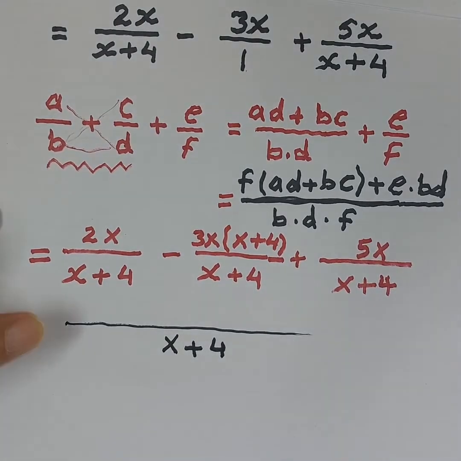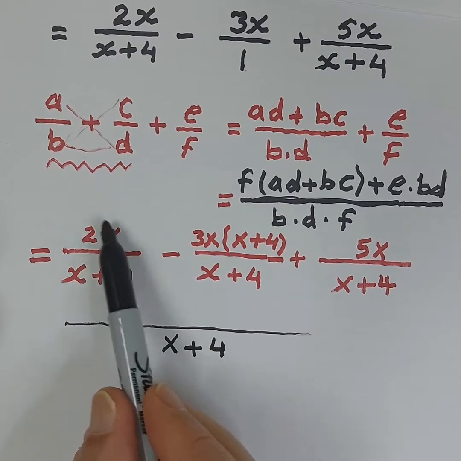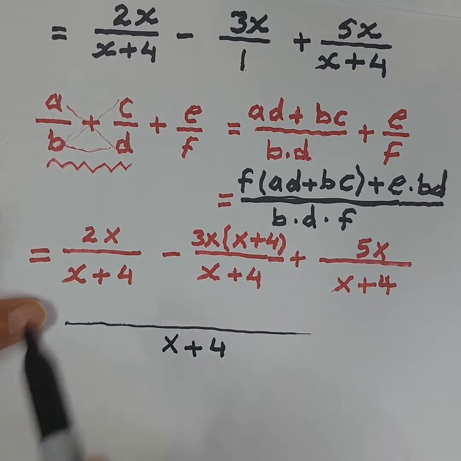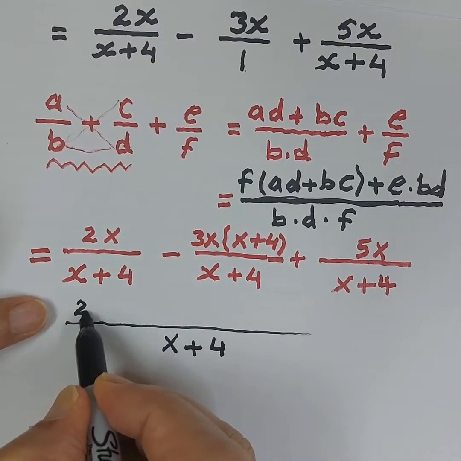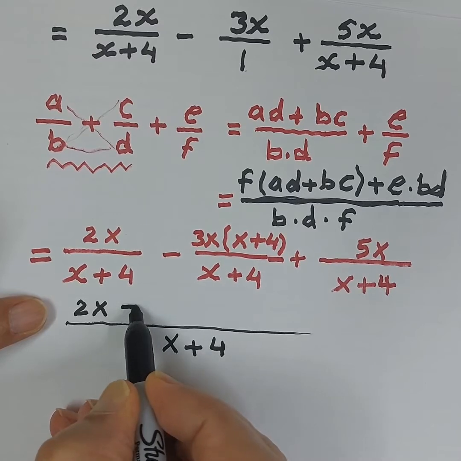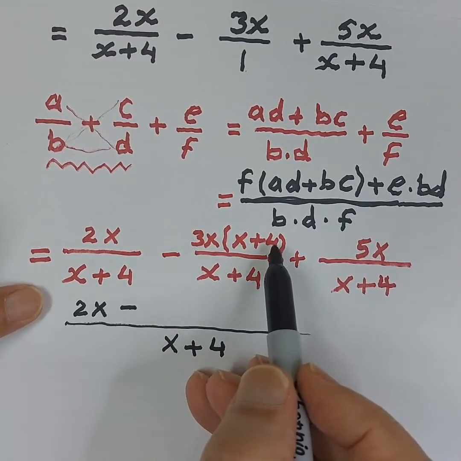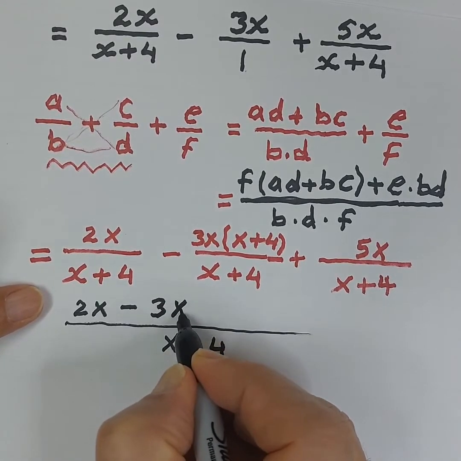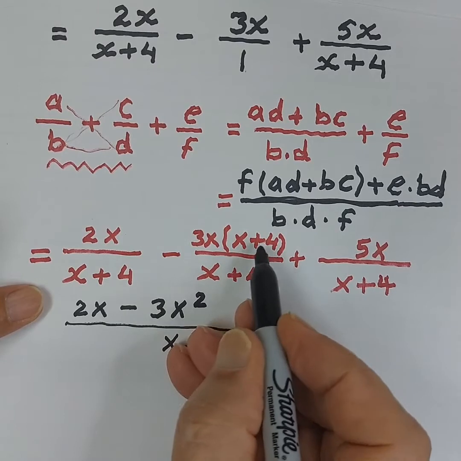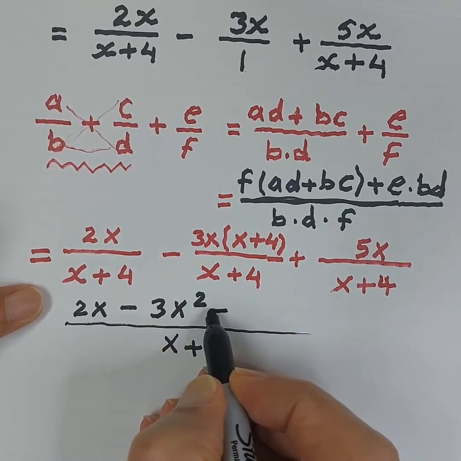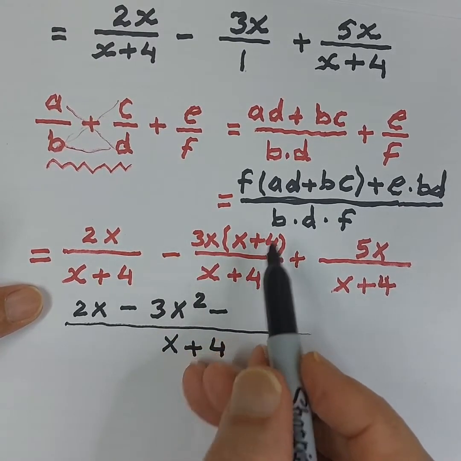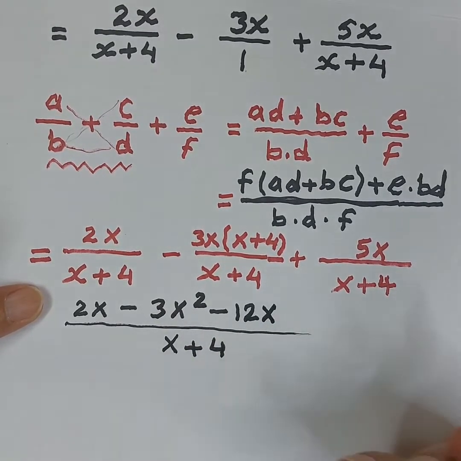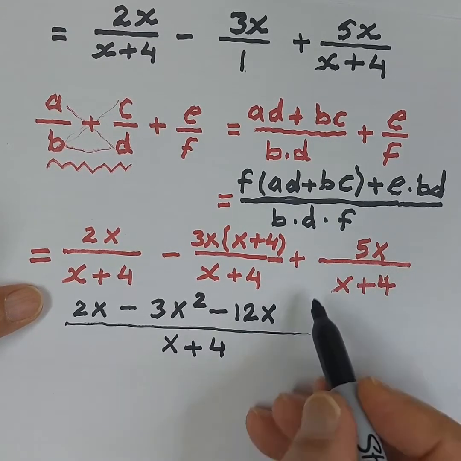So we just make subtraction or addition for all those together. 2x minus the result of this will be 3x squared, minus by plus will give me minus 3x by 4, it will be 12x, then plus 5x.